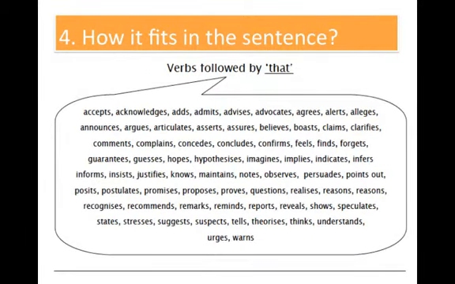Also, there are verbs followed usually by that. Please keep in mind that you should know the way the reporting verb fits together with other words in a sentence.